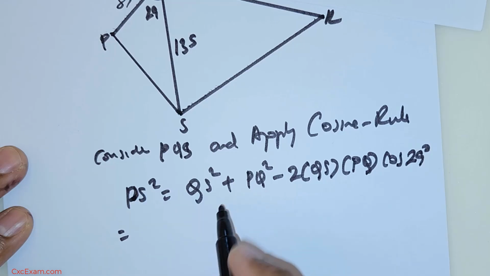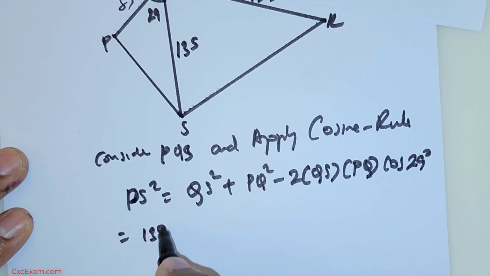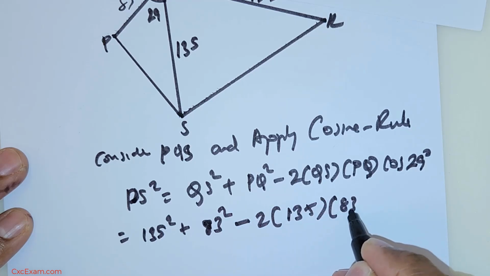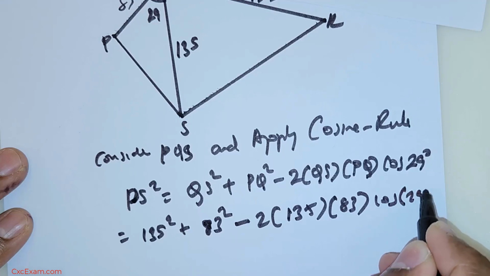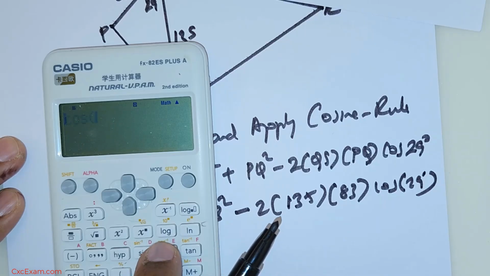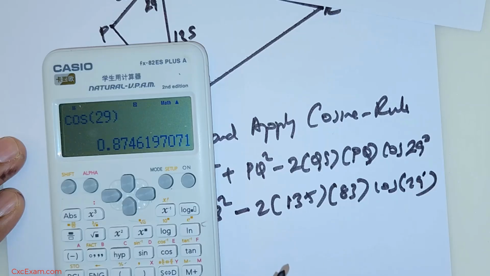So this is equal to QS is 135 squared, PQ is 83 squared minus 2 times 135 times 83 times cos of 29. So find the value for cos of 29. This is the value.